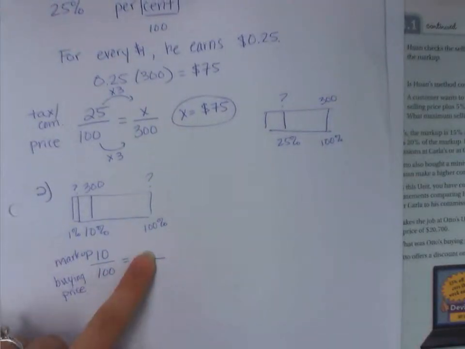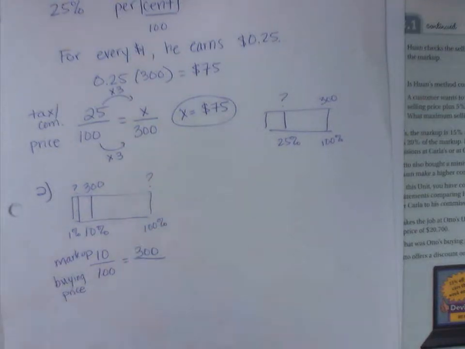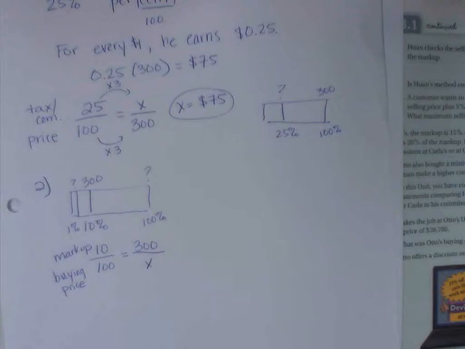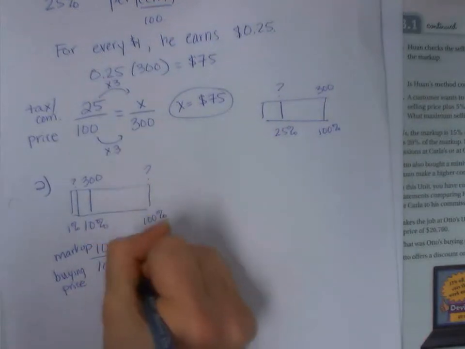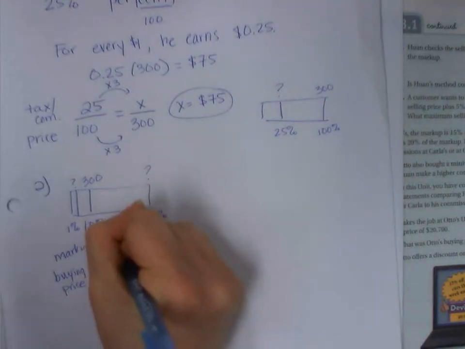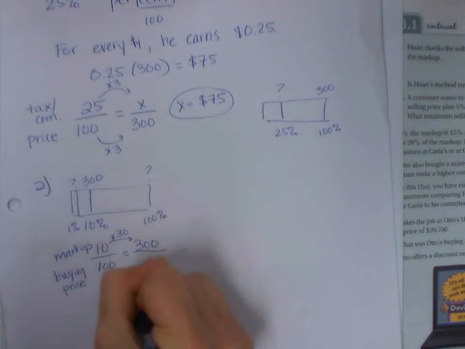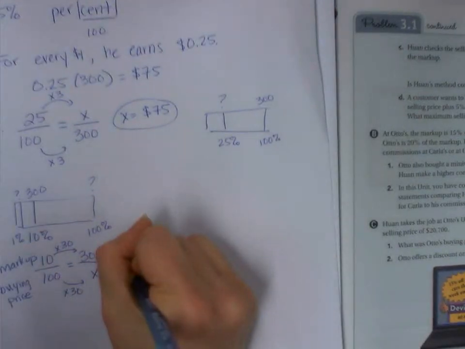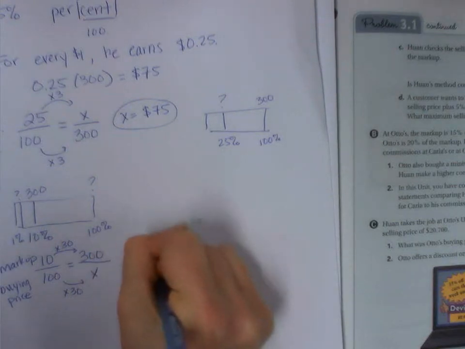So markup, the 300 has to go on top this time, and we're trying to figure out the buying price. Well, 10 times what is 300? We have to multiply by 30, so 100 times 30 would give us our answer. So the buying price must be $3,000.